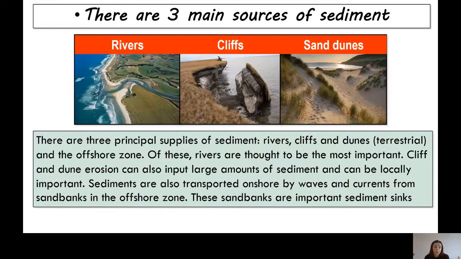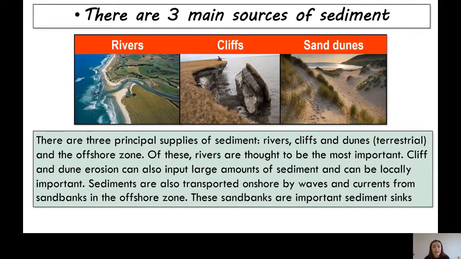Sediments are also transported onshore by waves and currents from sandbanks in the offshore zone in the sea. These sandbanks are important sediment sinks, and I'll go on to talk about sinks in a while. Which source of sediment is most important usually depends on the characteristics of the local area.